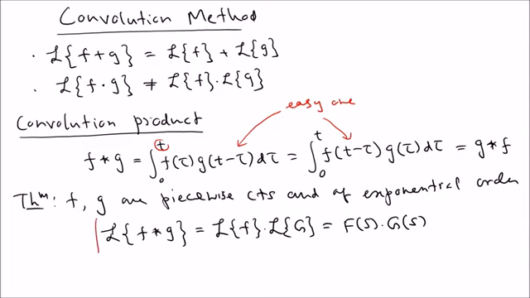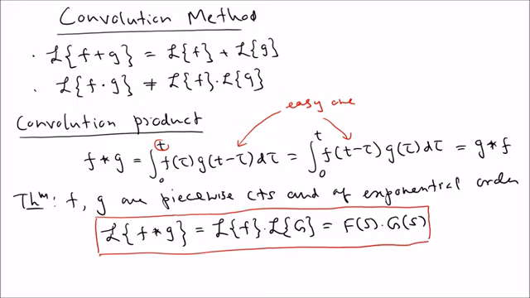So the Laplace transform of the convolution gives you the product of the Laplace transforms. The benefit is that this is very useful when you want to find the inverse. If we have an inverse of a product of two transforms, and you know what the two functions are, just take the convolution.